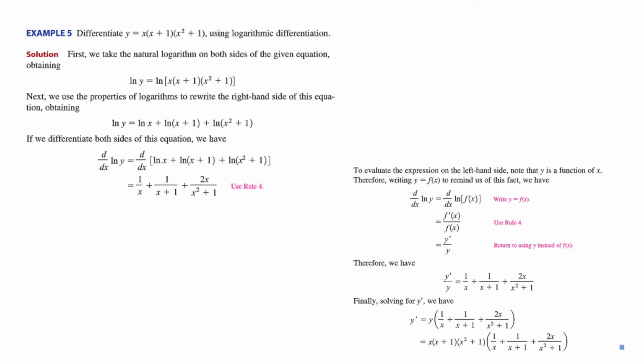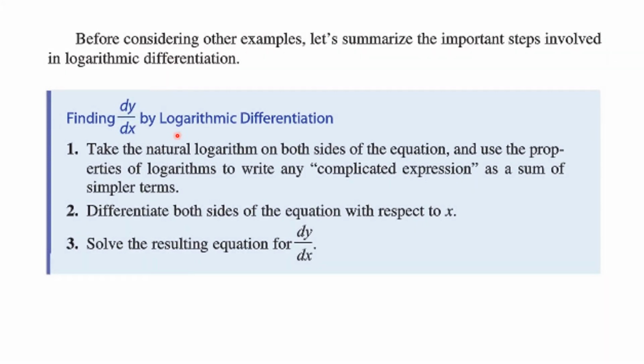Now this was an example of using logarithmic differentiation. Let's define what it is. These are the steps for finding dy dx by logarithmic differentiation. Take the natural logarithm on both sides of the equation and use the properties of logarithms to write any quote-unquote complicated expression as a sum of simpler terms.